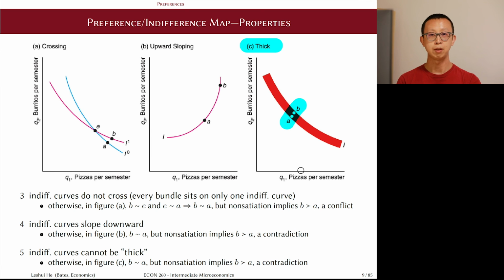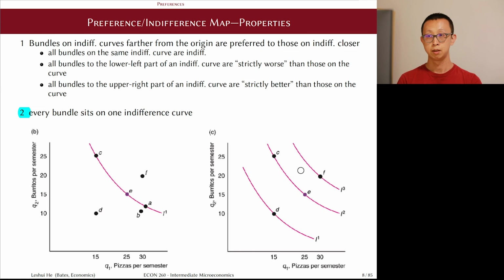Well, now with these five properties, what does that leave us? We would have very, very nice looking indifference curves that are always nicely ordered as we have here in figure C, always downward sloping, always nicely layered, and will never cross each other. And there we have a very nice looking preference map.